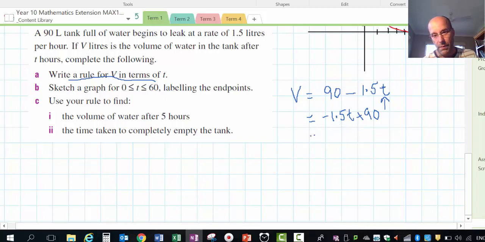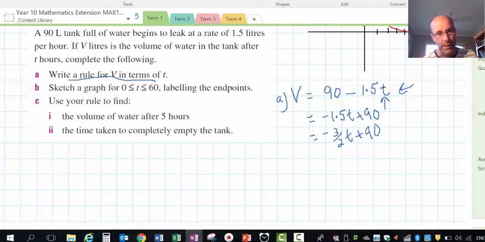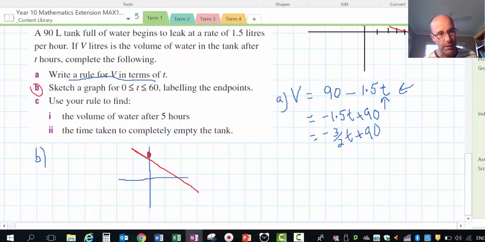If you wanted to look at it rise over run, it would look like that. They're all optional steps. That's the main answer there for A. So we could sketch the graph, and then we could find the rule using the steps from above. You would use the methods from earlier in the video to do part B.